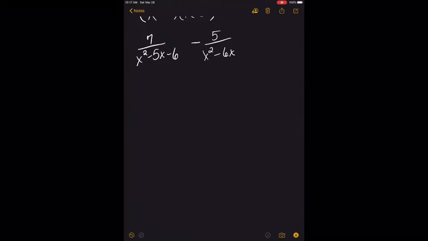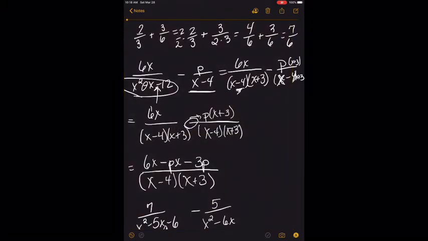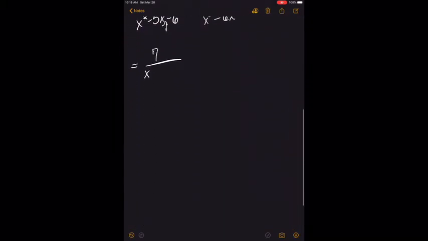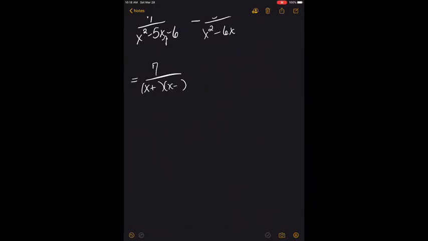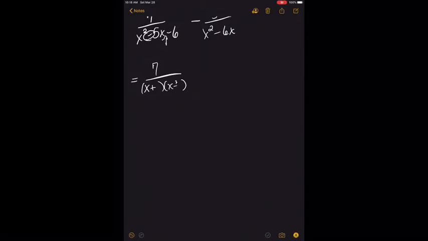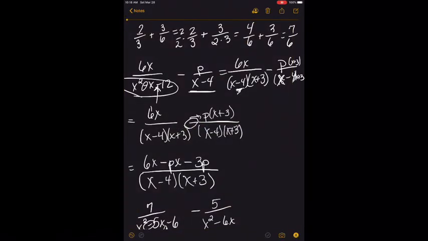Okay, and we can factor the first one here. The minus sign before the 6 says I'm going to have x plus something and x minus something. And then the minus sign before the 5 means that we're going to have a minus 6 and plus 1.